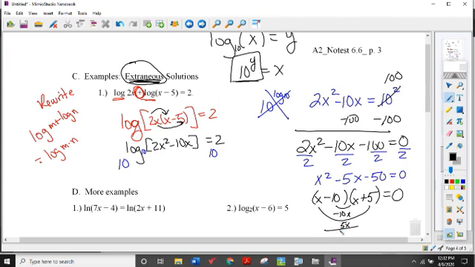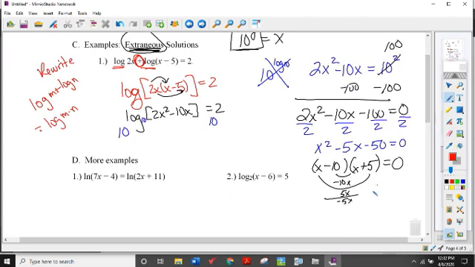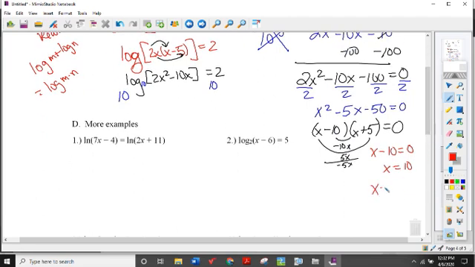Sure enough, the OI factor gives me a negative 5 in the middle, so I'm good to go. Now I'm still trying to solve for x, so now I need to set each one of those equal to 0 and find out that x equals 10 is a solution, and x equals negative 5 is a solution. I should say a potential solution. So now I have to go back and check.